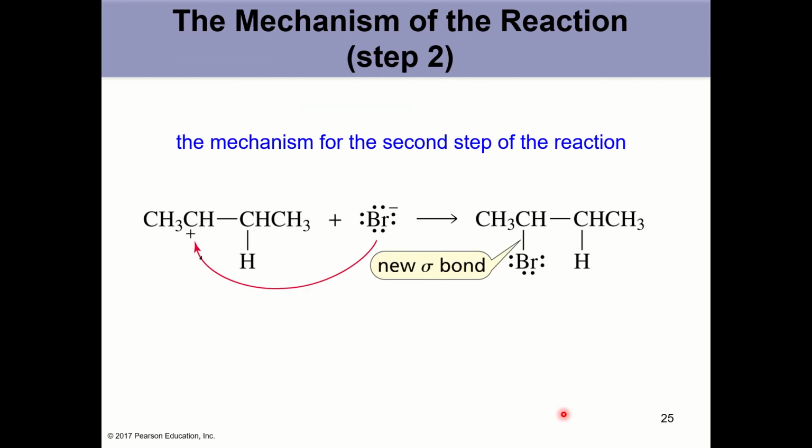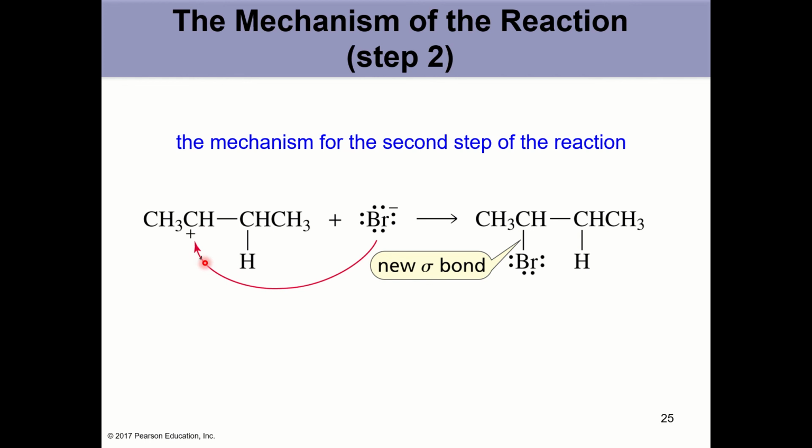The mechanism for the second step of the reaction has electrons from bromine, a pair of electrons, moving as indicated by the red arrow to the positive carbon in our electrophile. So we show where the electrons start, and then we show their final destination.